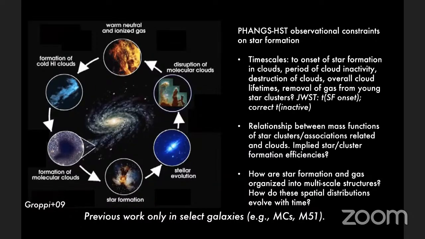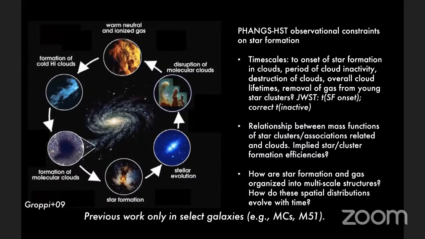As I was just talking about timescales, can we measure the timescale to the onset of star formation in clouds, the period during which clouds are inactive, the destruction of clouds, the overall cloud lifetimes, all these things added together, and the removal of gas from young star clusters. It allows us to study the relationships between mass functions of star clusters and associations and how they're related to the mass functions of clouds.